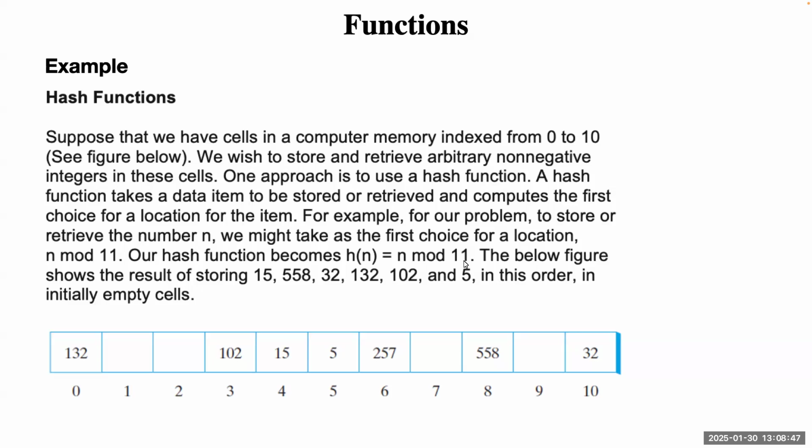So if you use a hash function like this, you want to make sure your mod number is a prime number. Supposedly that will minimize the number of times you'll have a collision like this case, where 257 is supposed to go into index 4, but it can't because 15 is there, so it had to go into 6.